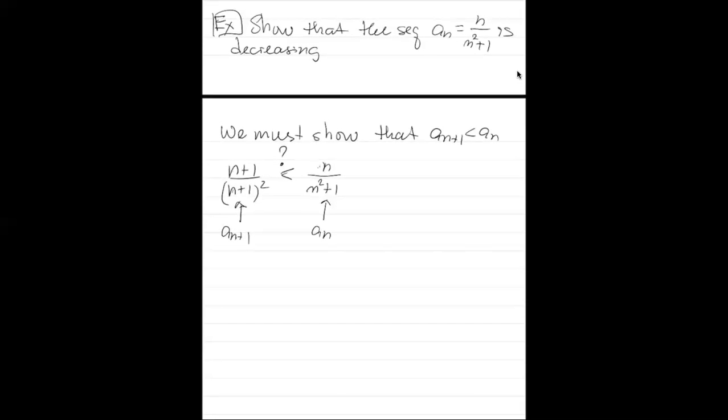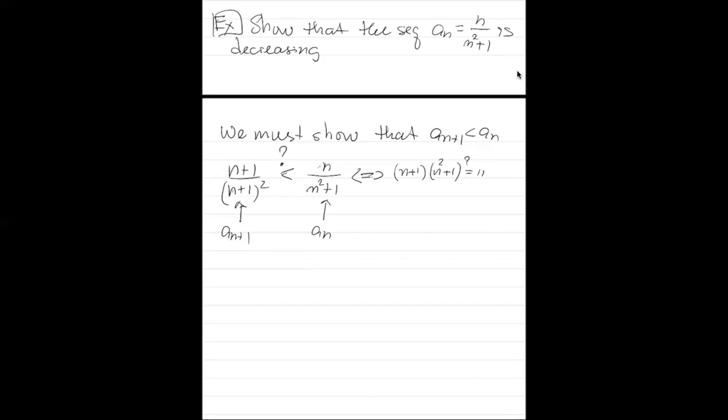Now we don't know for sure, but this inequality is equivalent to, if you cross multiply, n plus 1 times n squared plus 1 versus, with a question mark because we don't know that yet, n times n plus 1 squared plus 1.